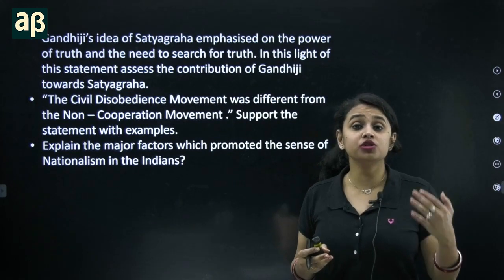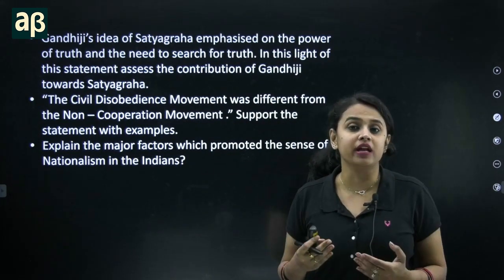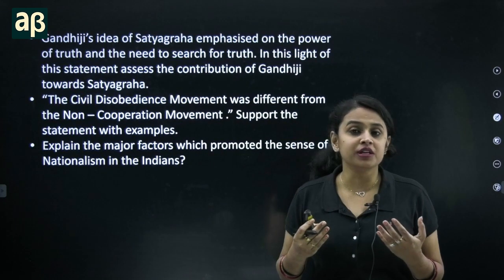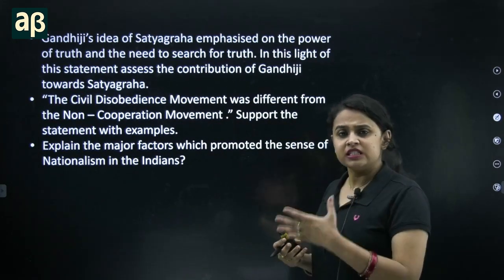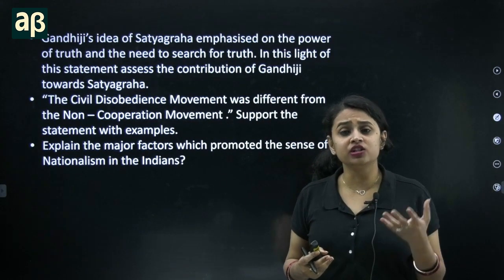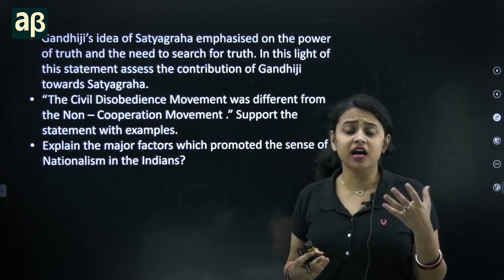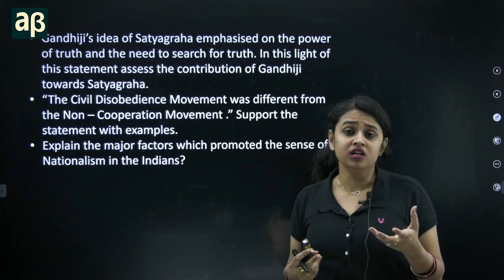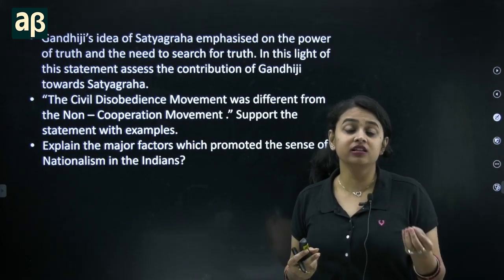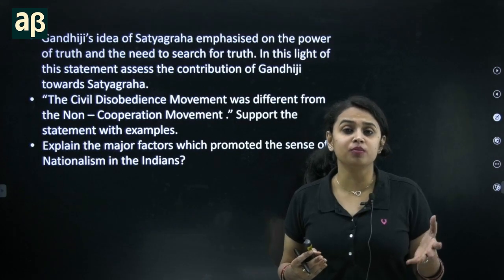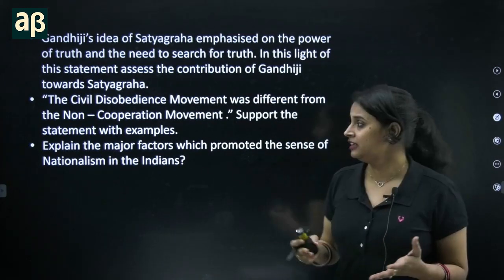Also, all this should happen in a very peaceful manner, and not by indulging in any sort of aggressiveness or physical violence. And we see how successfully Gandhiji did these Satyagraha movements in Champaran, in Kheda and Gujarat.